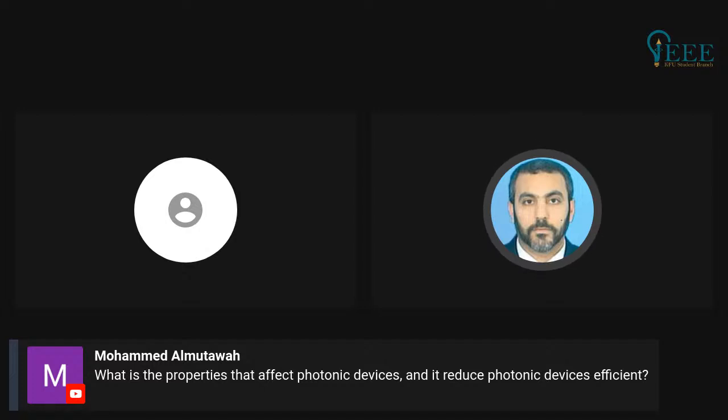Properties also like temperature. Photonic devices are affected heavily by temperature. So temperature control and temperature maintenance is very important if you need to use a photonic device, especially for optical communication.